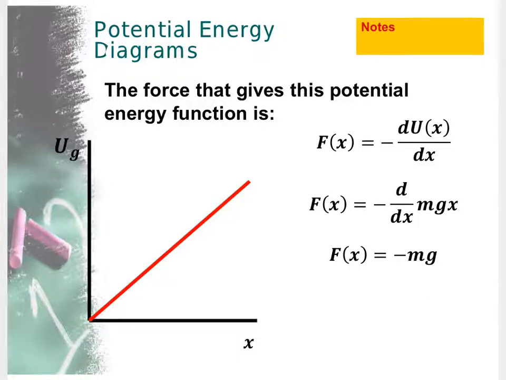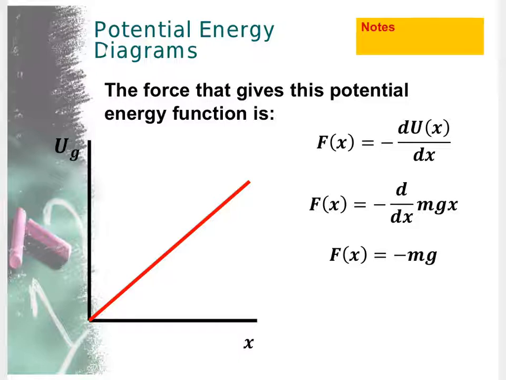Now that's what we already know. But we can do this with any potential in general. It doesn't need to be just the gravitational force. So that's one cool thing about potential energy, is that you can take the derivative of potential energy with respect to distance or displacement, and take the opposite sign of that, and you will get the force of that potential energy.